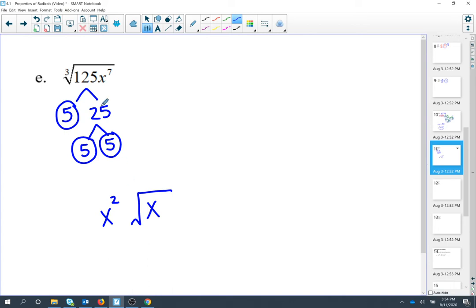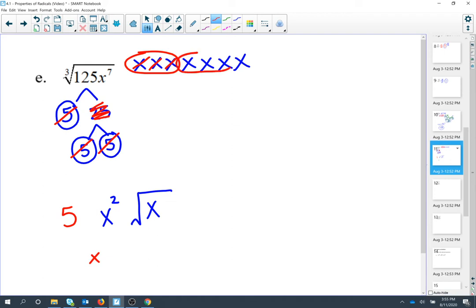That's how you would do it mentally. But if you're not okay with mentally, I'm going to list it. So 1, 2, 3, 4, 5, 6, 7. There's 7 x's. Okay, we're doing groups of 3. 1, 2, 3. 5 gets out. Nobody's left because you can't use this, so we've just got 5. Now, x to the 7th, group of 3. 1, 2, 3. 1 gets out, so now I have an x out.